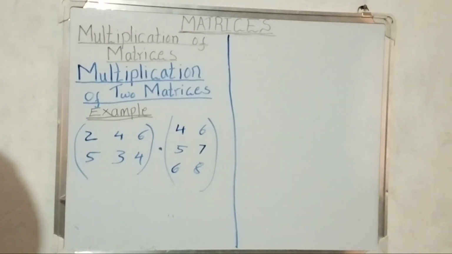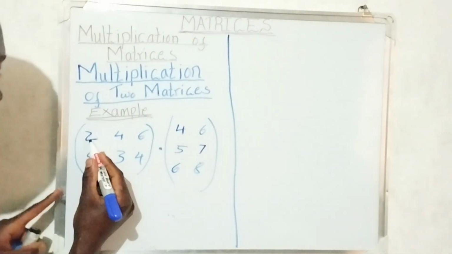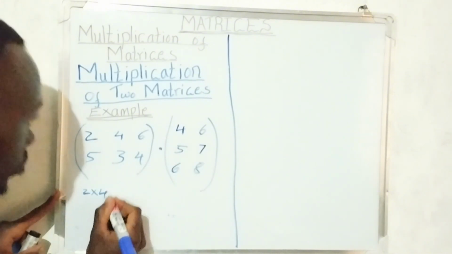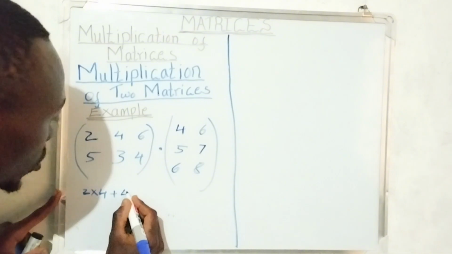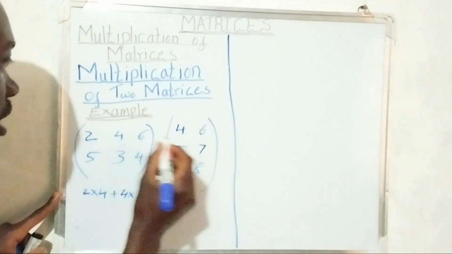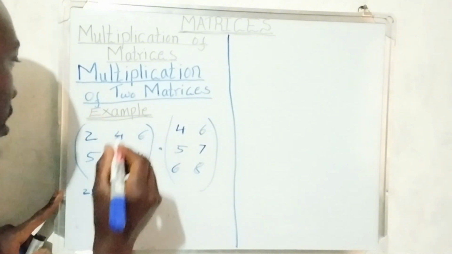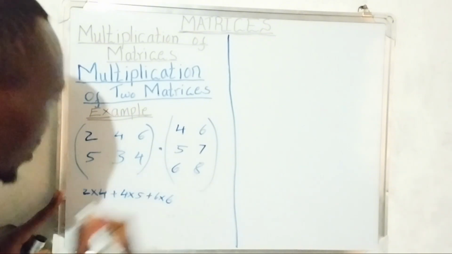So let's go about it. We shall multiply 2 times 4, plus 4 times 5, plus 6 times 6.